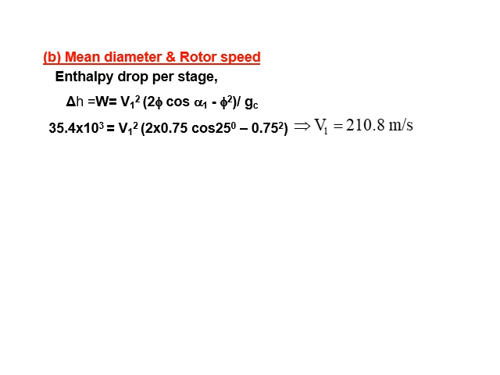So from this expression we get the value of V1, that is V1 is equal to 210.8 meter per second.